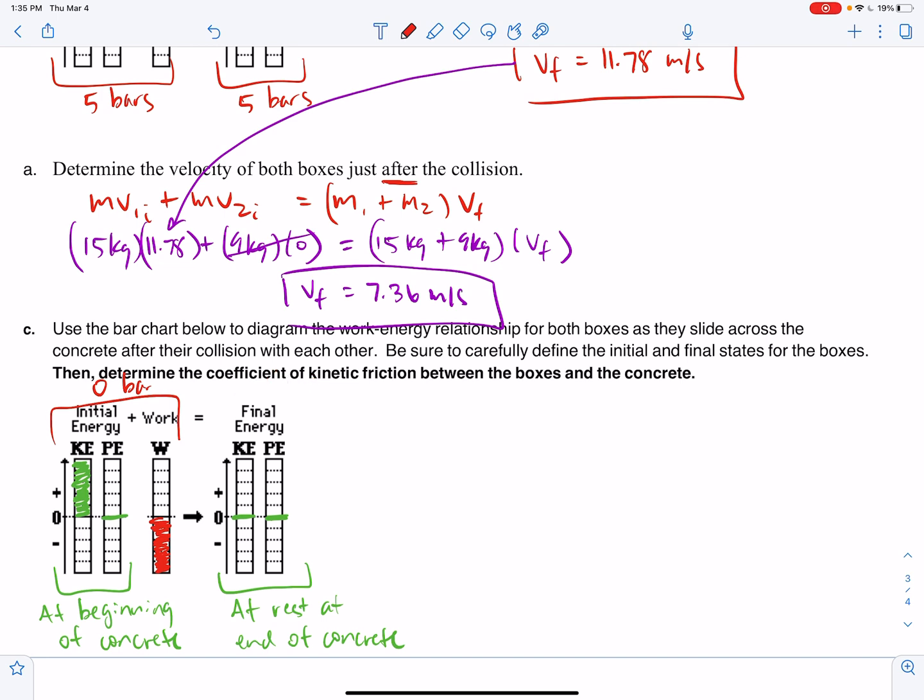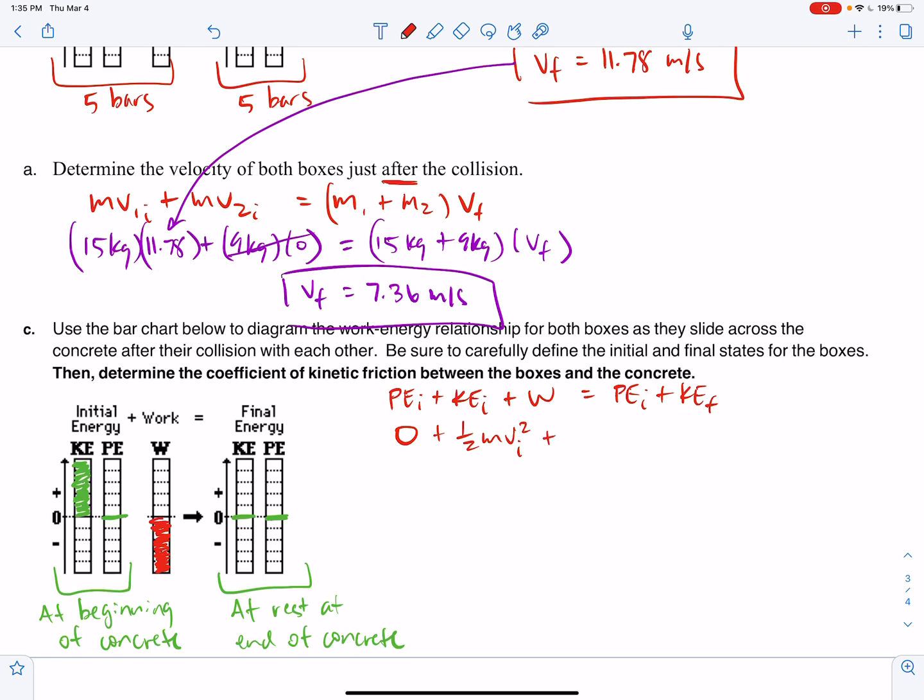Okay, so let's do the math and finish this up. So as always, the potential plus the kinetic in the initial state plus any work that's done will be equal to the potential plus the kinetic in the final state. Okay, so at the beginning of the concrete slab, the boxes have no potential energy, but they do have some kinetic energy related to their initial velocity.